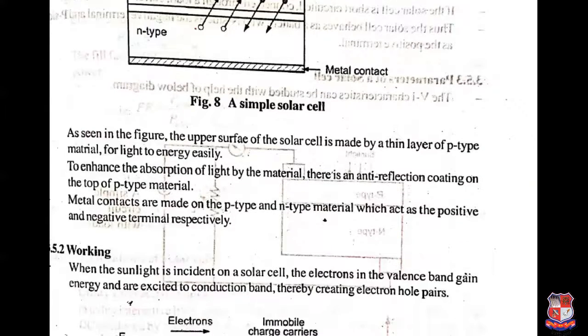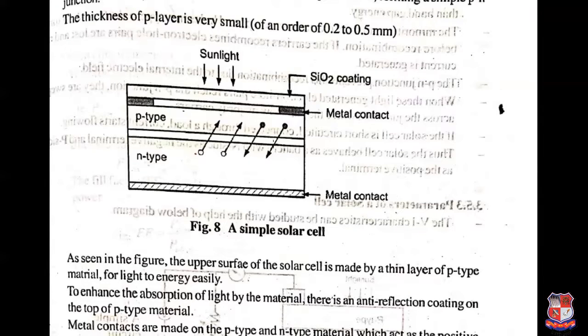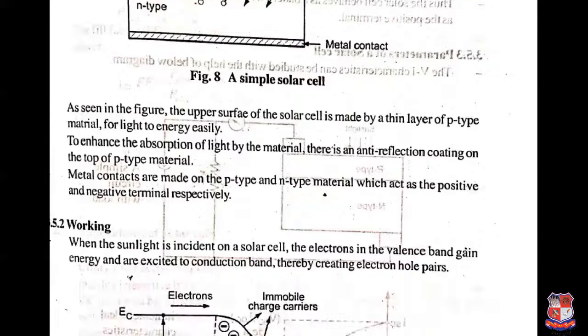Next, as seen in the figure, the upper surface of the solar cell is made by a thin layer of p-type material.